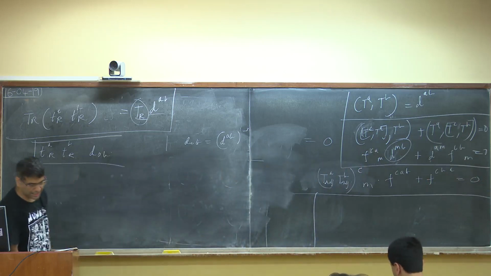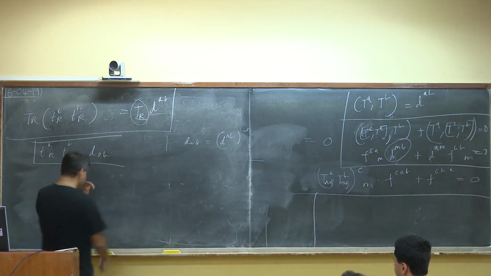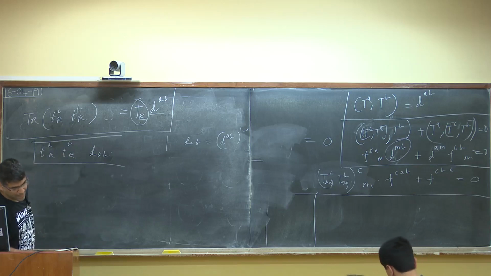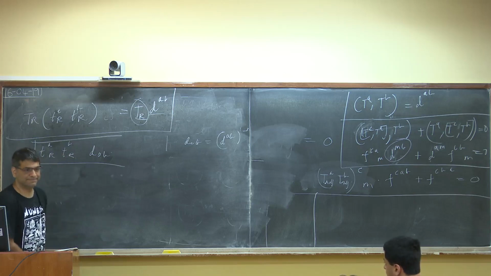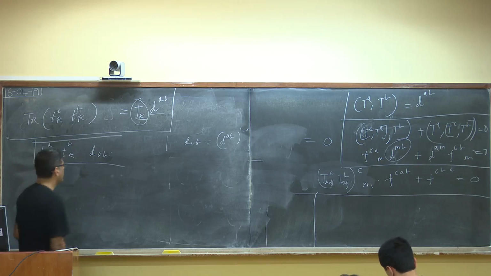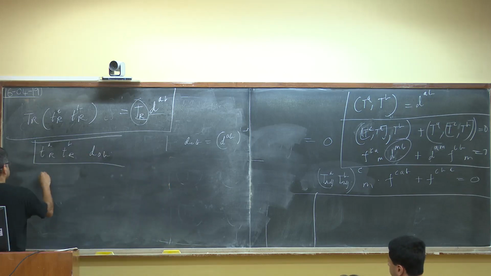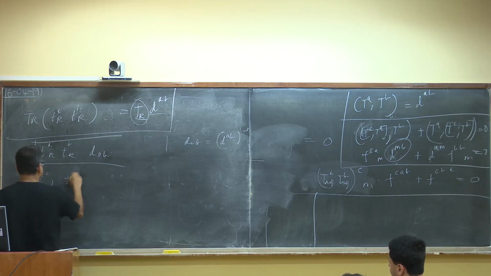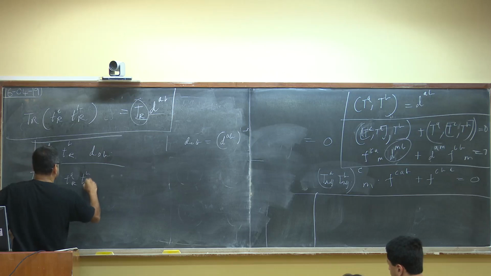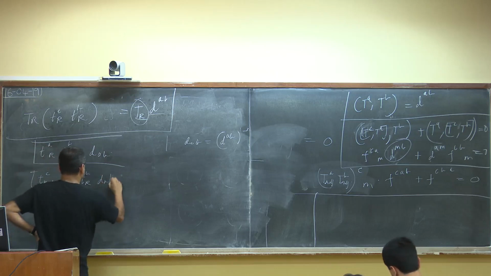And this quantity commutes with all T_C. Let's check that. Suppose we have the commutator of T_C^R with T_A^R T_B^R D^AB.